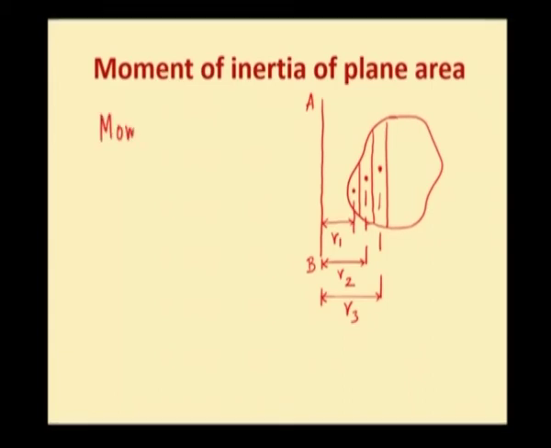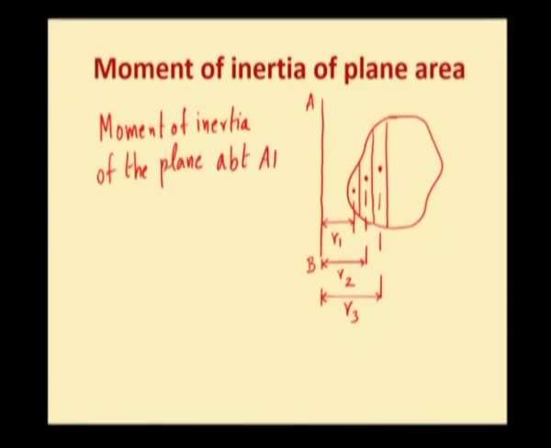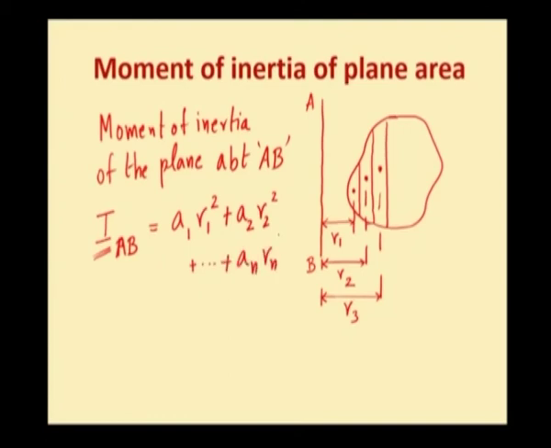Now, moment of inertia of the given plane figure or laminar area about the reference line AB will be given by I suffix AB. Moment of inertia will be denoted by the alphabet capital I. So, IAB will be equal to A1 into R1 square plus A2 into R2 square plus up to An into Rn square.